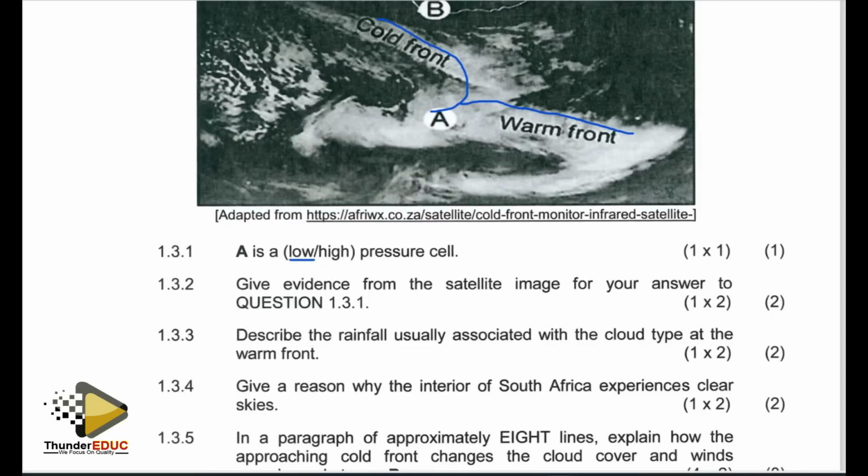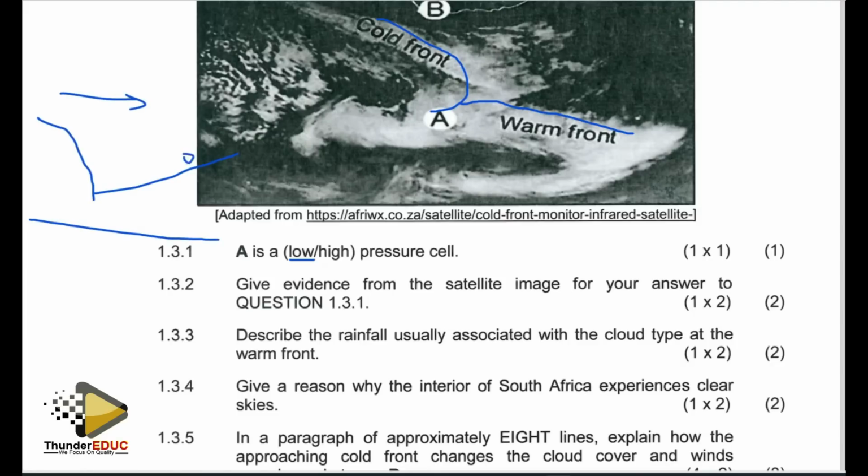Maybe if we illustrate this drawing using a cross-sectional view, we have the cold front on this part, and maybe on this part we have the warm front going in that direction. And we are saying our weather system is moving in that direction.